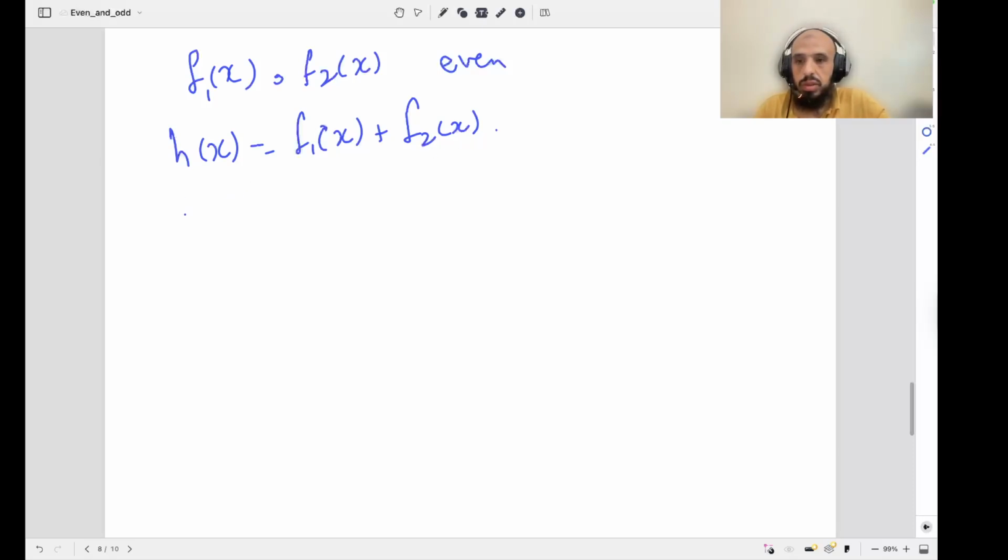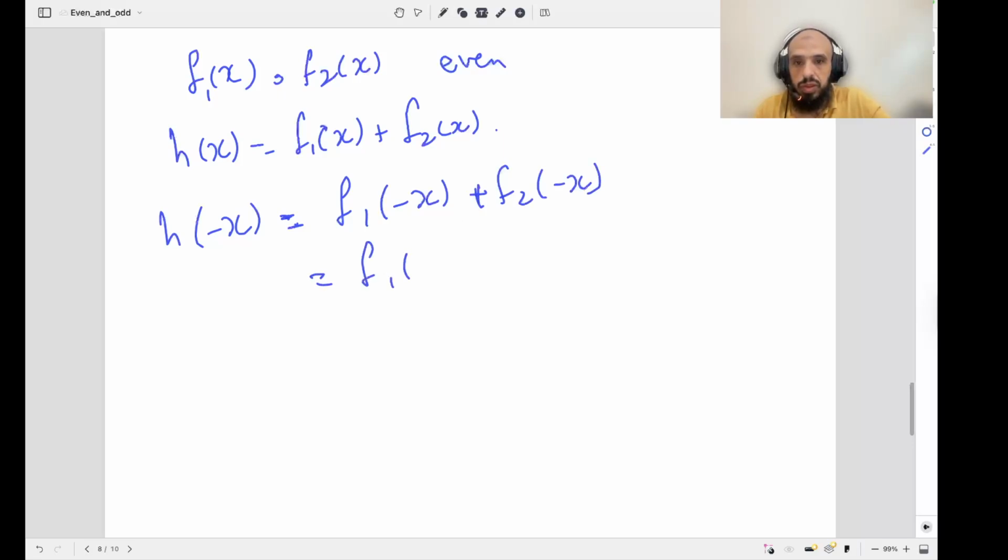Let's find out. Let's try h of negative x, which is going to be equal to f1 of negative x plus f2 of negative x, which is equal to f1 of x plus f2 of x, which is the original h of x, so this is an even function.